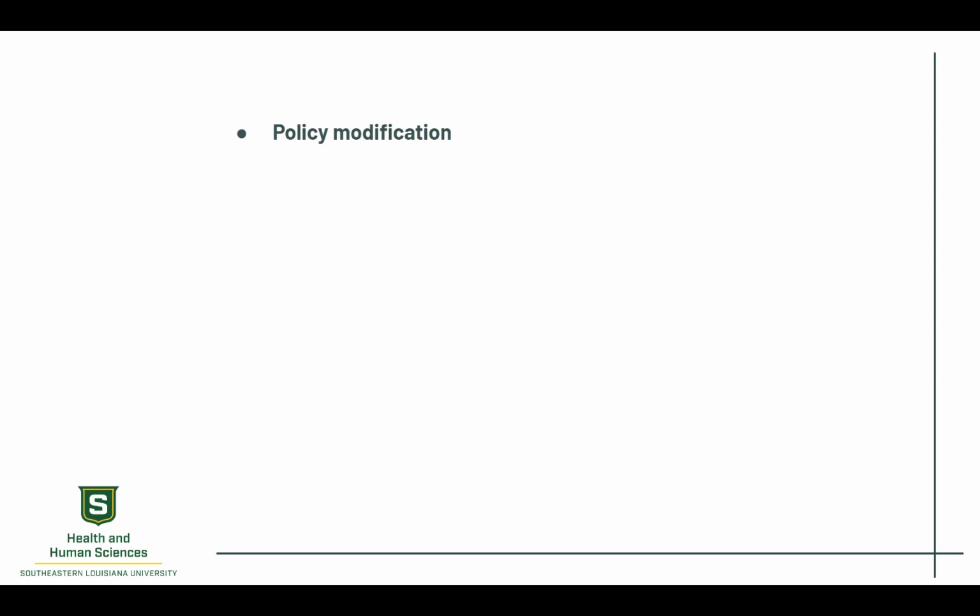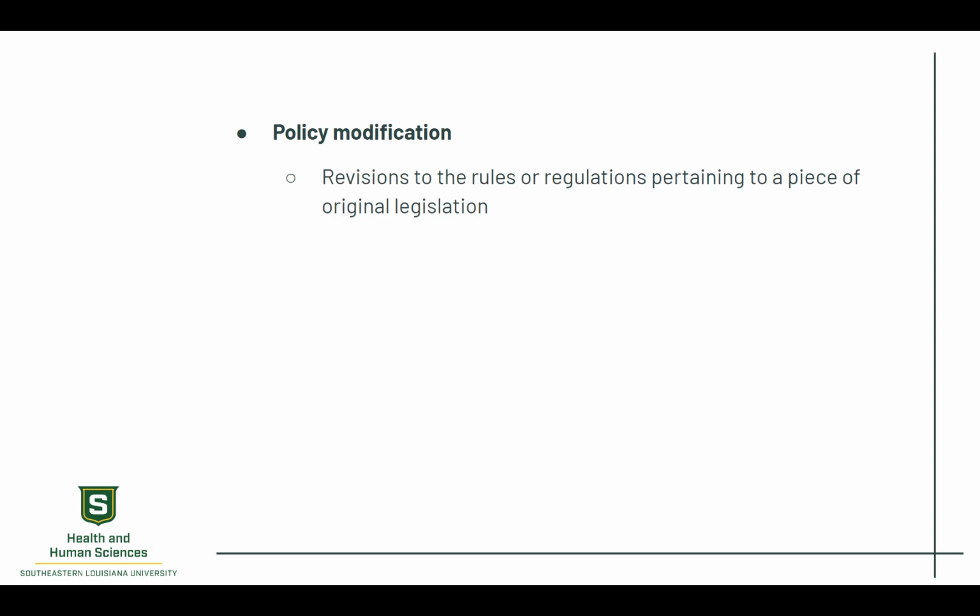So in policy modification, this is where you do some revisions in the laws or the policy. It could be the entire thing, though that is rarely the case, but it may be some little pieces of the legislation that need to be amended in order to make its implementation go a little bit smoother.